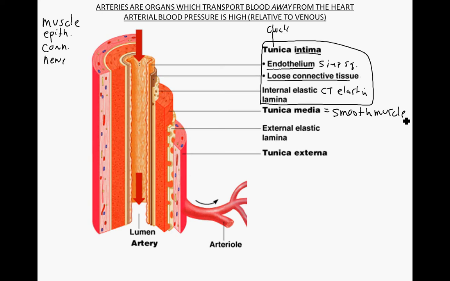Then the tunica externa is comprised of connective tissue, and this is going to be a combination of dense irregular connective tissue and dense regular connective tissue. And then next to that is going to be another elastic lamina right here. And again, this is connective tissue and then elastin.